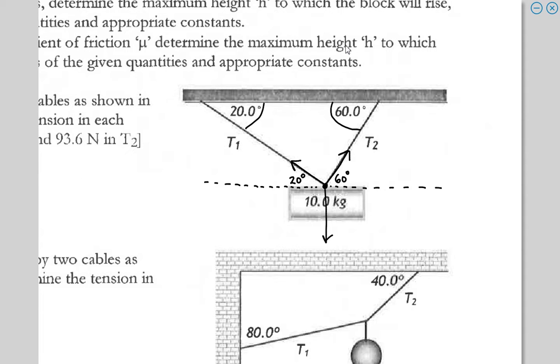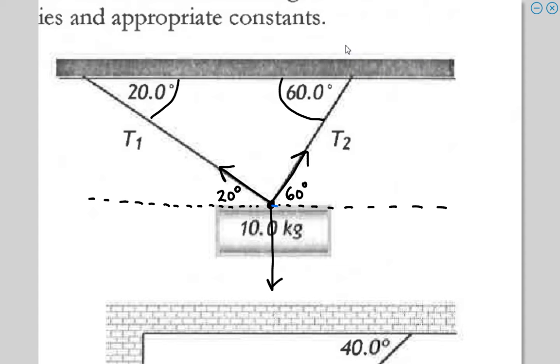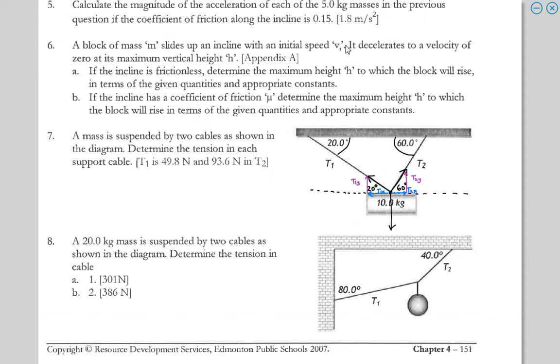Go really fast? Okay, so break these down into their two components. T1x and T2x. And here we have T2y and T1y. And it'll be very similar to what we had over on the other page, but it's going to be a little bit longer because you probably need a system of equations.